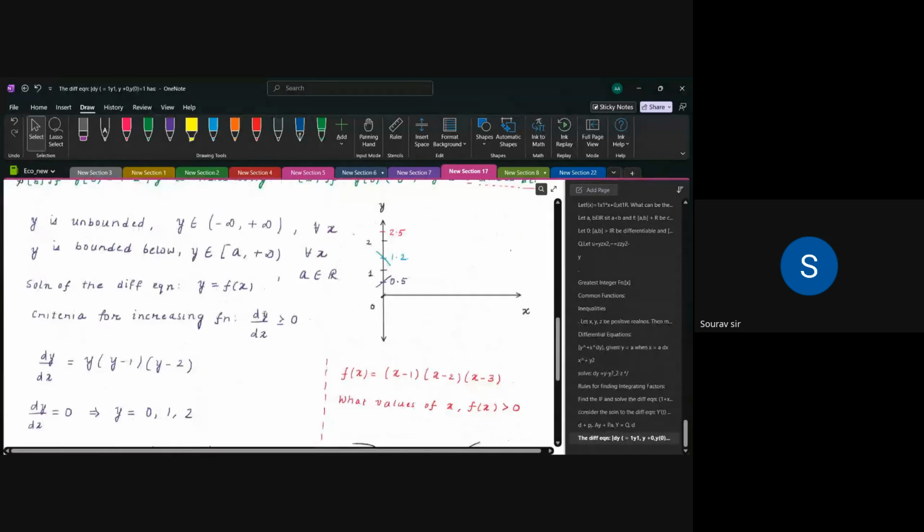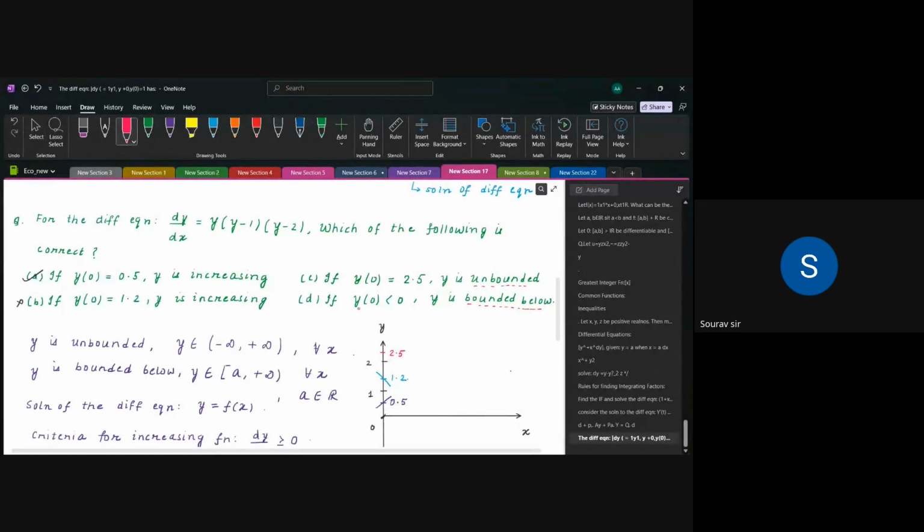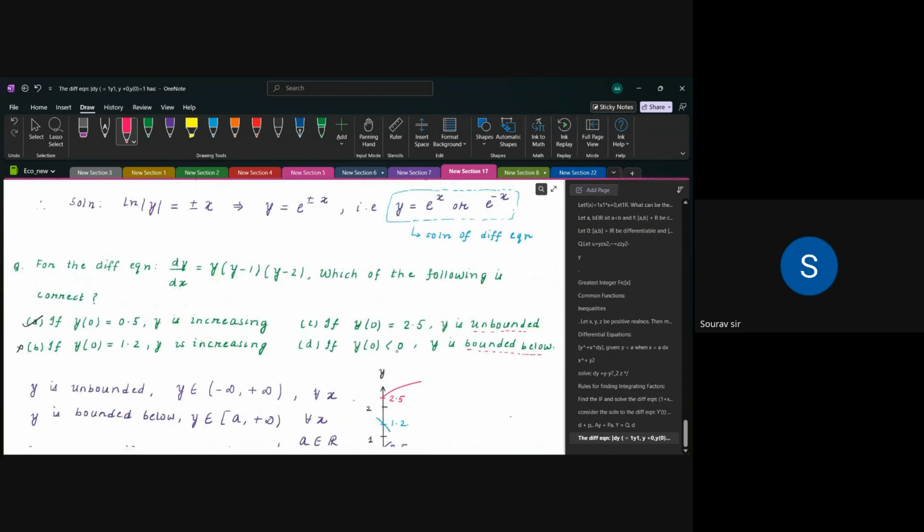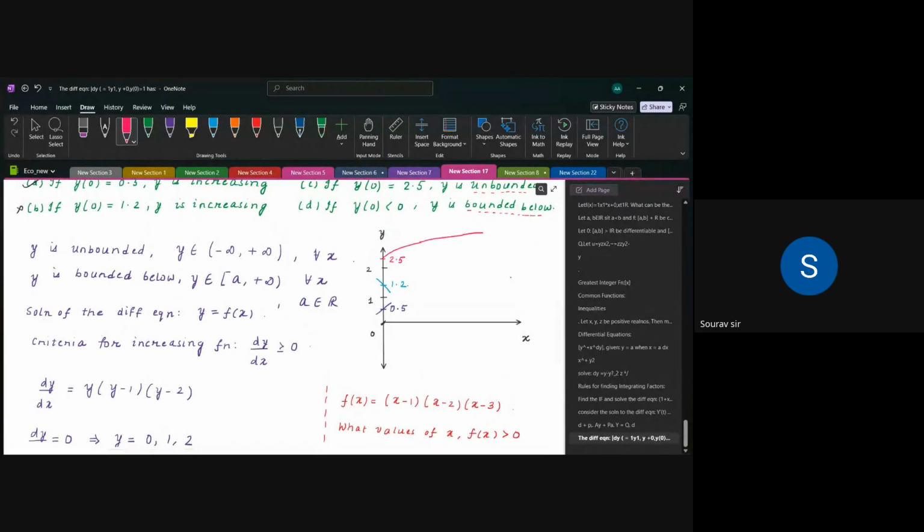So for 2 to infinity, dy/dx is positive, right? So that means if y(0) is 2.5, then the slope of the curve at this point will be positively sloped. Correct? And for all other higher values of y, dy/dx is positive, right? dy/dx is positive for all values of y from 2 to infinity. That means as you keep increasing the value of y, dy/dx will continue to remain positive. So the curve will be something like this. Concave or convex, but it will go on increasing, right? Correct?